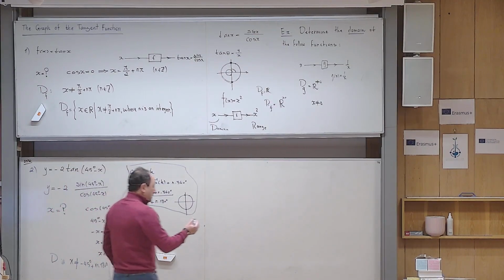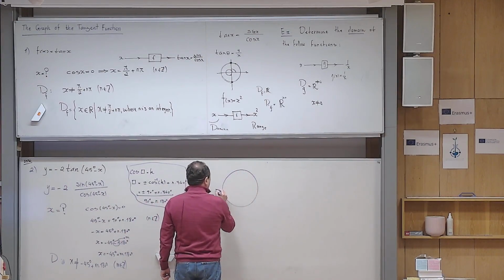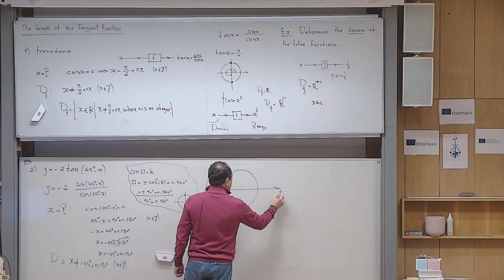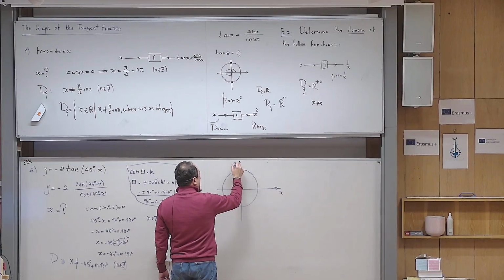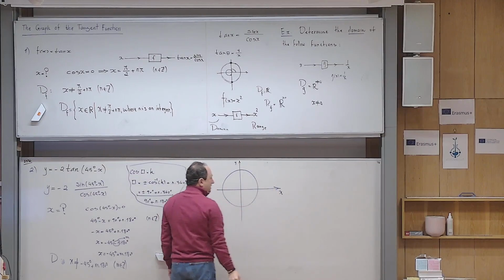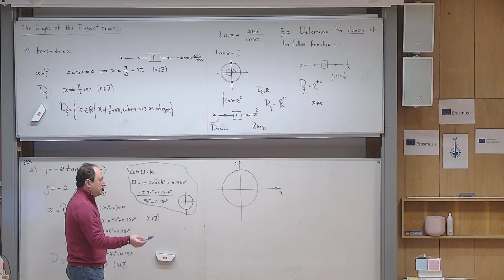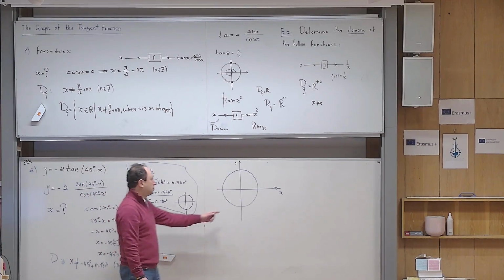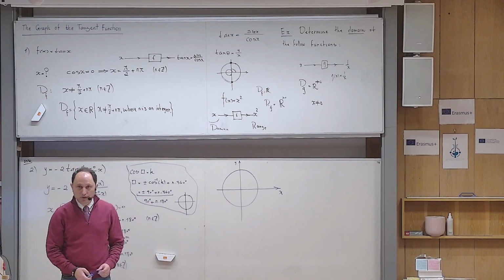So here, if you remember in the beginning of this lesson, we had the unit circle, and this is the x-coordinate. This is the x-axis, and that's the y-axis. I can say the x-axis is the cosine axis, because the cosine is related to the x-coordinate, and I can say that the y-axis is the sine axis, because sine is related to the y-coordinate.